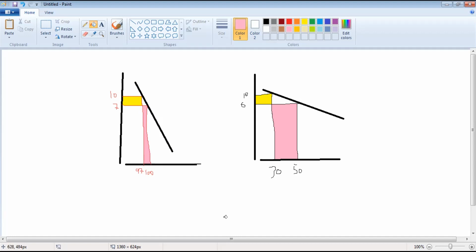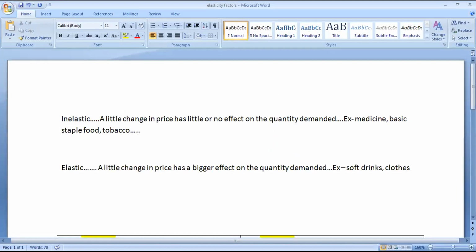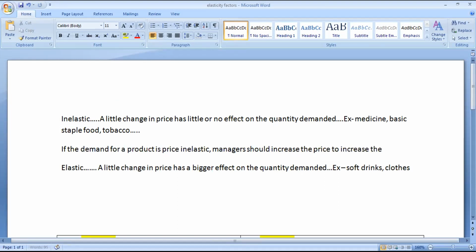All right, sir. So now we know that if it is inelastic, I'm starting this tree. If the demand for a product is price inelastic, managers should increase the price, and increase the revenue.